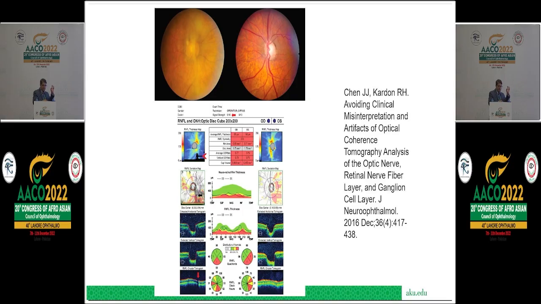And the asteroids are blocking the scan. So you can have some block problems as well. You can see in the other eye, it's completely fine view. And even though there is a reduction in nerve fiber layer, the quality of the scan is much better on that side. The signal strength, I think, on the right is also flagged as being abnormal.